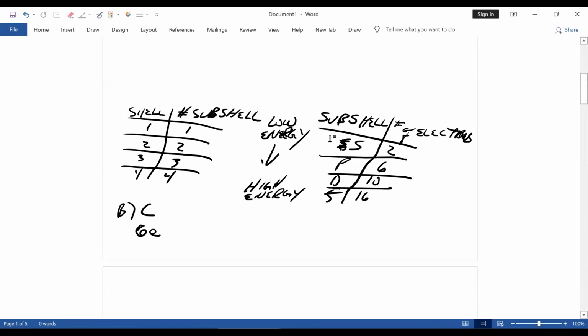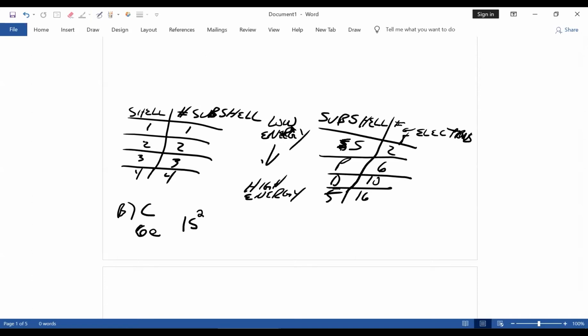You always start with the lowest energy, that'd be S. We call the subshell by both a number and a letter. So we have here 1s. How many electrons can we put in any s orbital? And the answer is 2 max. So I'm going to do that by showing superscript 2.